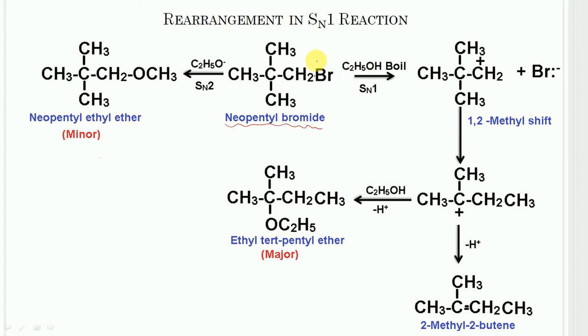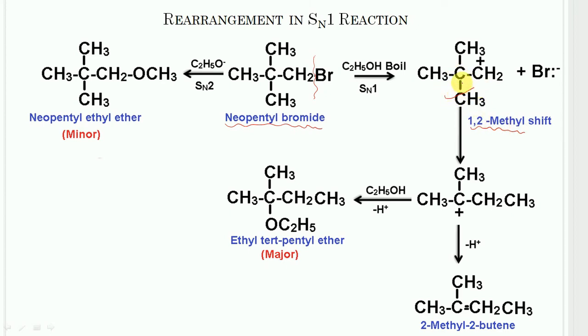So neopentyl bromide will undergo ionization to give this carbocation, and this carbocation will undergo a 1,2-methyl shift.